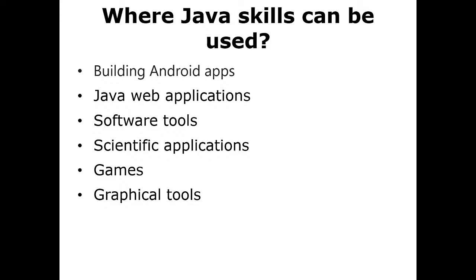For those of you who may be familiar with statistics, lots of programs built for statistical purposes are built in Java. As well, lots of games and graphical tools, lots of stuff built in Java.